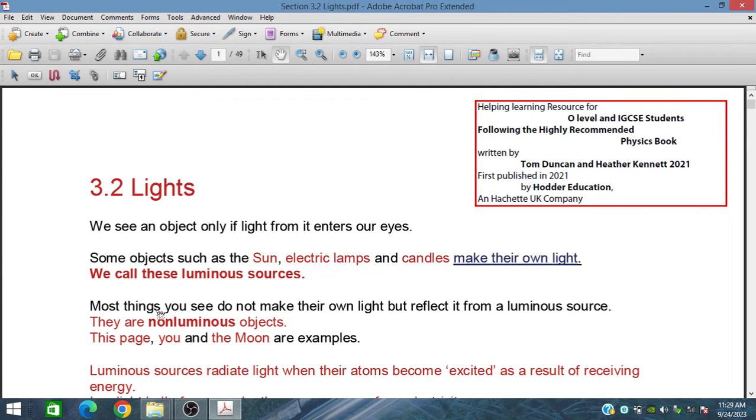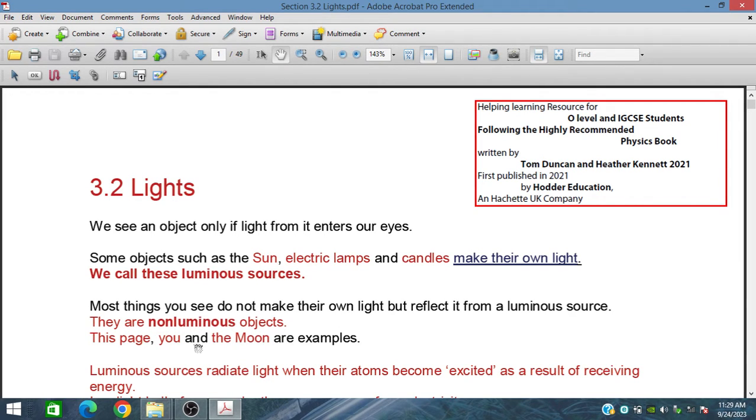So we see many objects that do not have their own light source, but reflect light. These are called non-luminous objects, such as this page and anybody, or the moon. The moon is also a non-luminous object because it does not have its own light, but it reflects the sunlight.